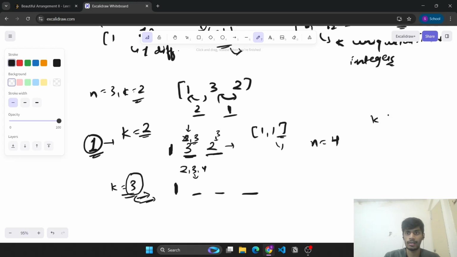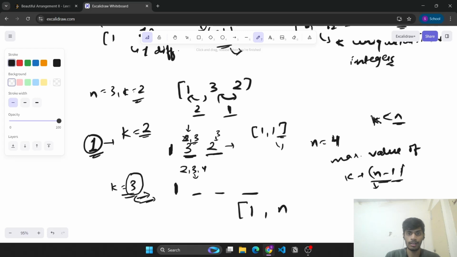Since k is less than n, in the worst case the value of n can be 4. It means the maximum value of k can be n minus 1. And if the maximum value of k is n minus 1, then we need to take the difference of elements 1 and n, right?